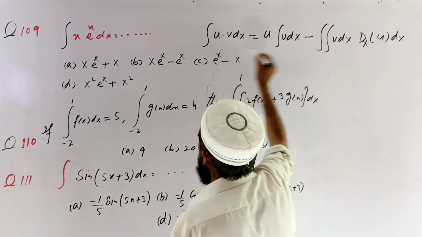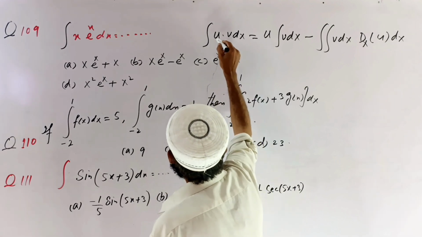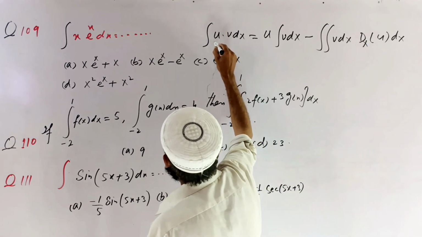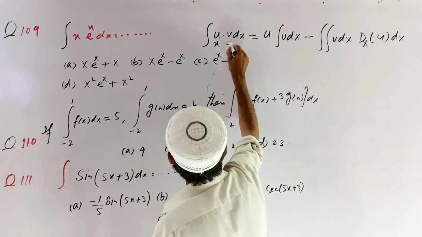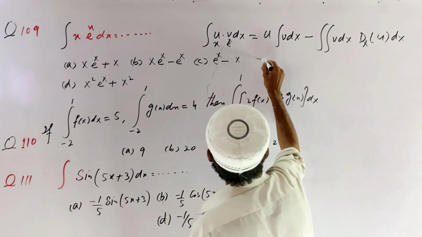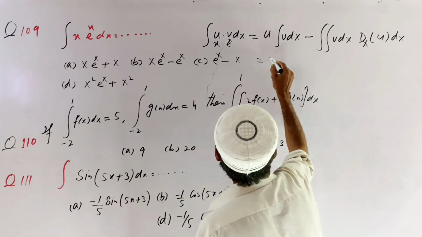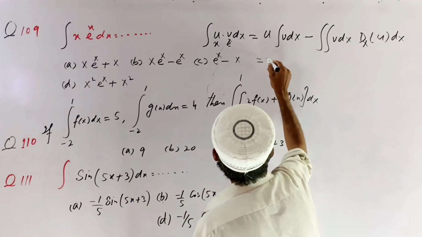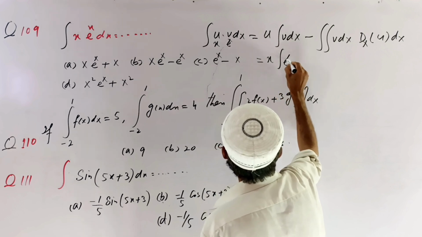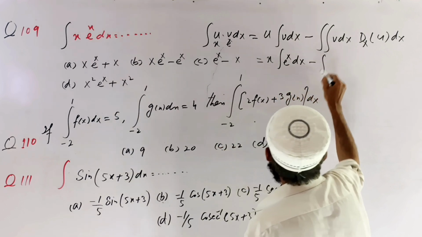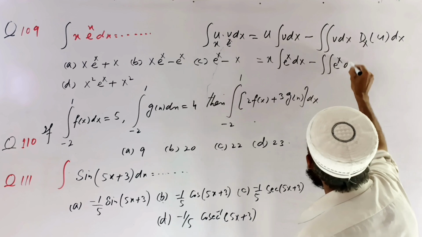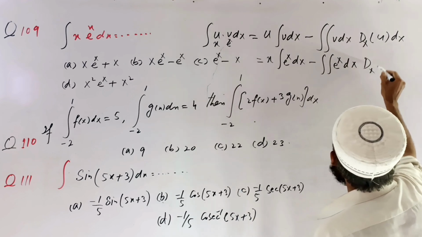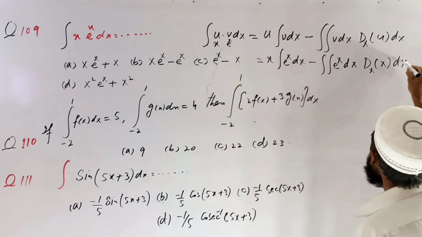According to this formula, if we open it, u is equal to x and v is considered e power x. So expanding according to this formula, we can write x integration of e power x dx minus integration of the derivative of x with respect to x times integration of e power x dx, dx.